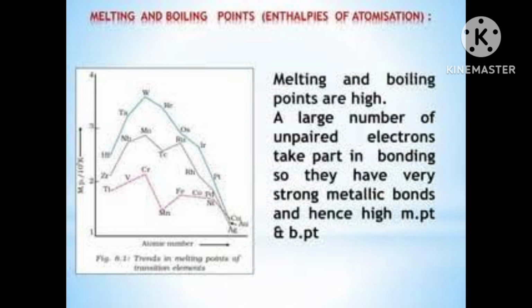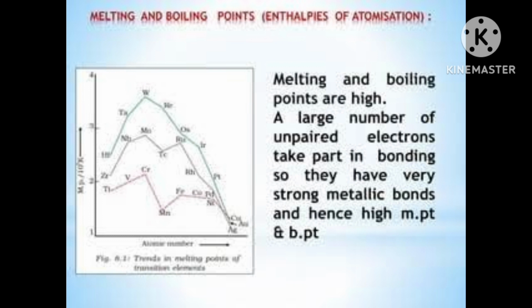The factor responsible for the lanthanoid contraction is somewhat similar to that observed in an ordinary transition series and is attributed to a similar cause, that is the imperfect shielding of one electron by another in the same set of orbitals. It means electrons are going into the same orbitals, but they are not shielding properly. That is called imperfect shielding of one electron by another in the same set of orbitals.